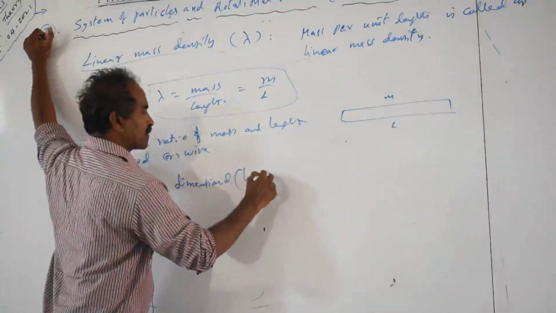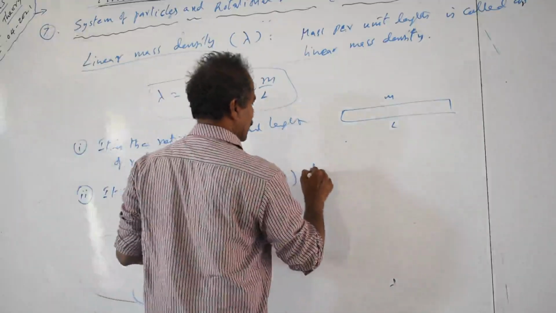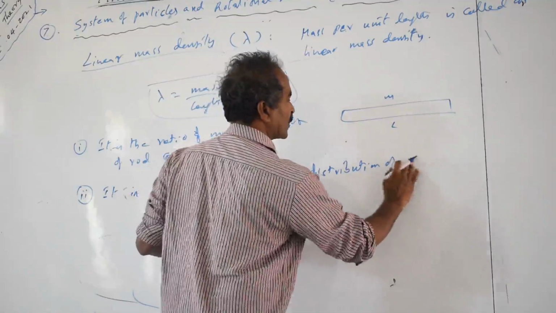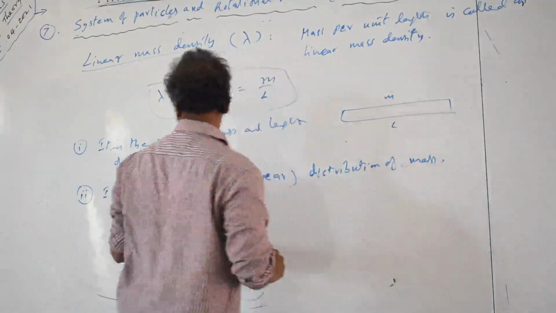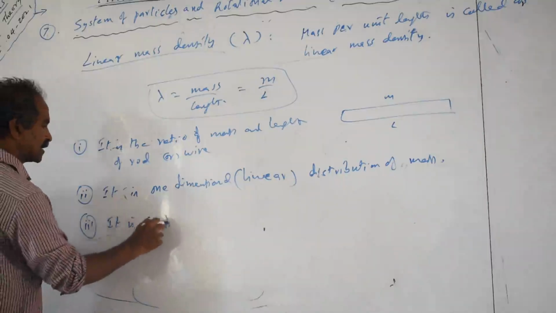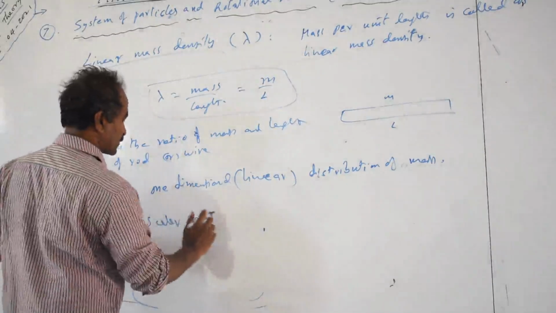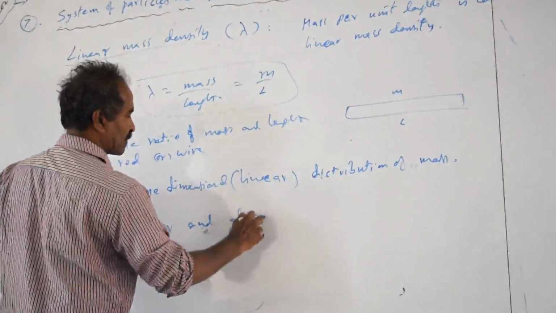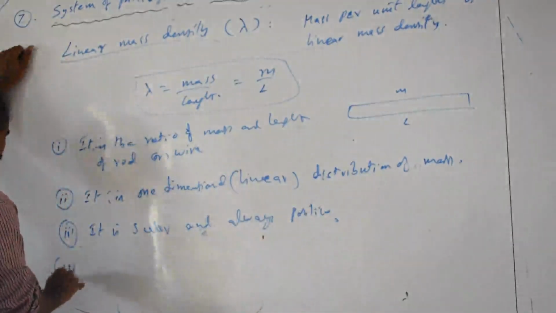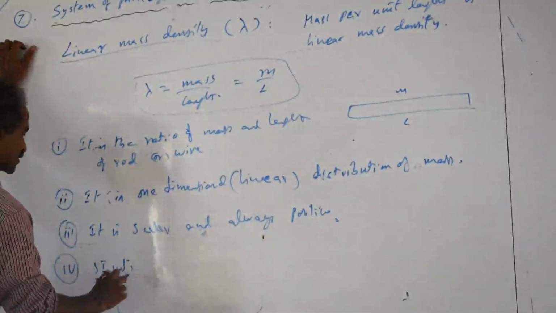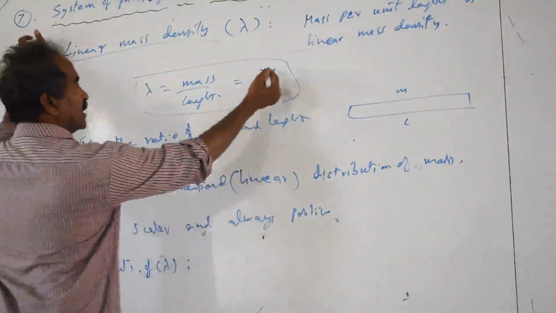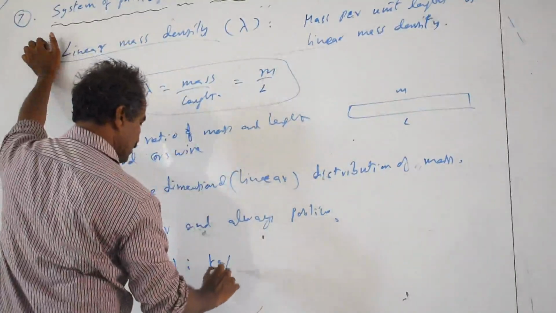It is also called a linear or lengthwise distribution of mass. It is scalar and always positive. Next, units. SI unit of linear density is kg per meter.